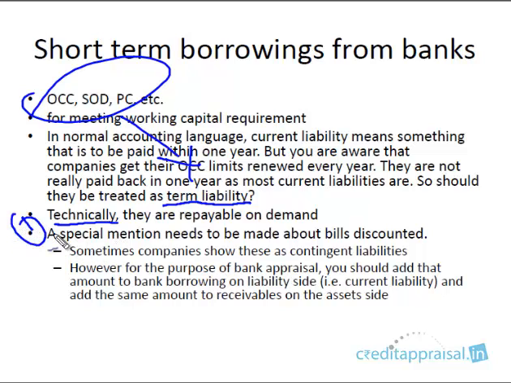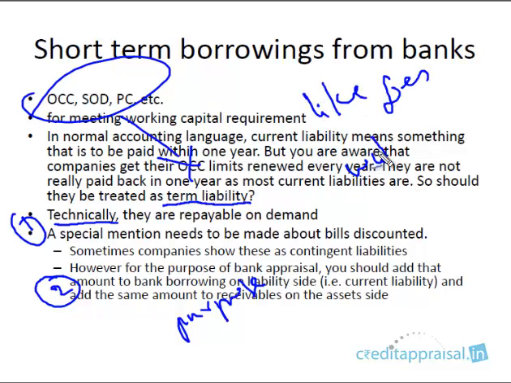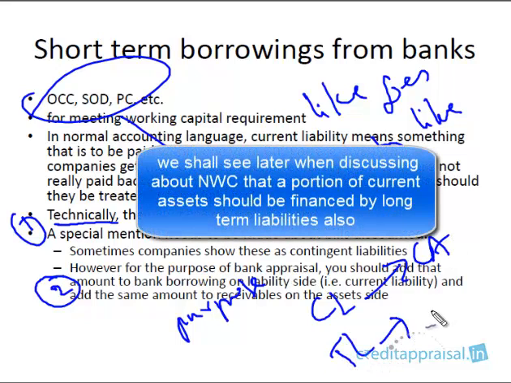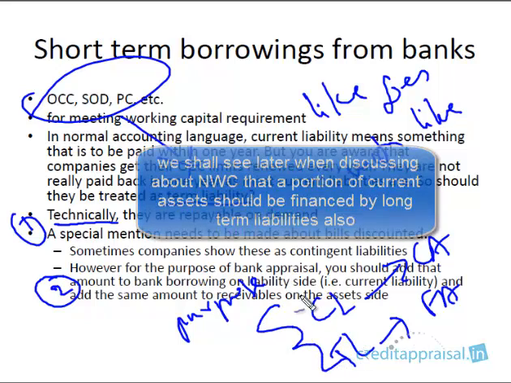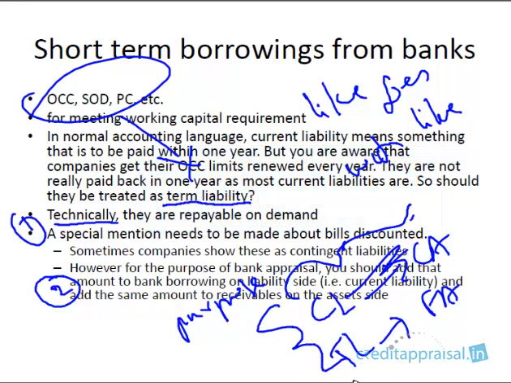The second reason is that the purpose of the short-term funds is to finance short-term assets. Like goes with like. Whenever you do a comparison, you have to do a meaningful comparison. Current liabilities finance current assets. Term liabilities finance long-term assets, that's the fixed assets. This goes hand in hand, current liabilities and current assets.